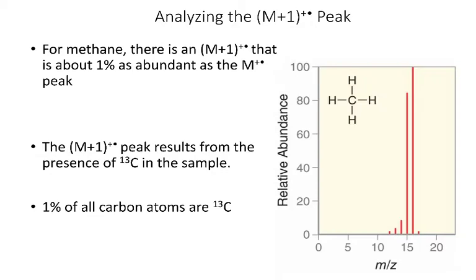Carbon-12 is by far the most common isotope of carbon, but carbon-13 exists, about 1% of all carbon is carbon-13. So this little M+1 peak is due to the presence of carbon-13. In carbon-containing compounds, which is almost all organic compounds, we'll generally have one small peak one mass number higher than the molecular ion peak.